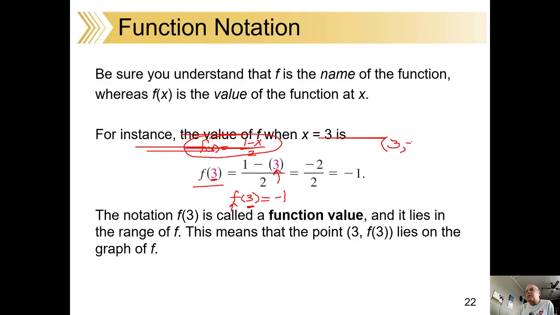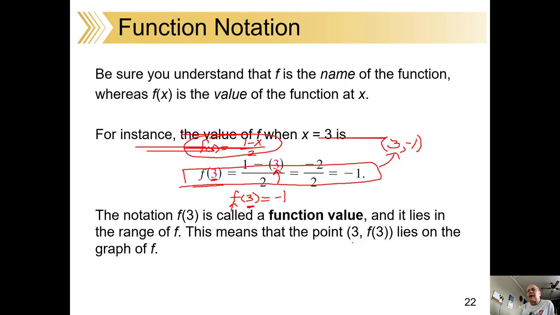The 3 is paired with a -1. This is how you find out what the ordered pair is, or one of the ordered pairs.